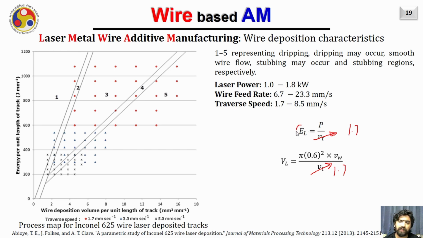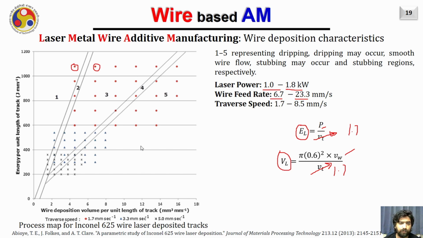Then to vary the EL and VL, we need to vary only the power and the wire feed rate. The range of the wire feed rate is given, and the range of power is also given. Correspondingly, we will obtain the values of EL and VL, and we will make the appropriate dots. We will observe the wire and the deposited track visually, and if it is found to be drip transfer, we will mark it as drip transfer, and if it is smooth transfer, we will mark it as smooth transfer.